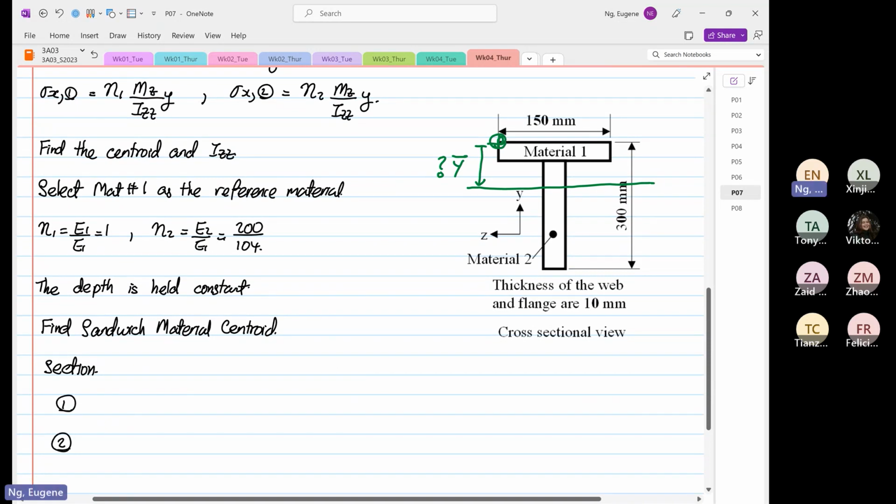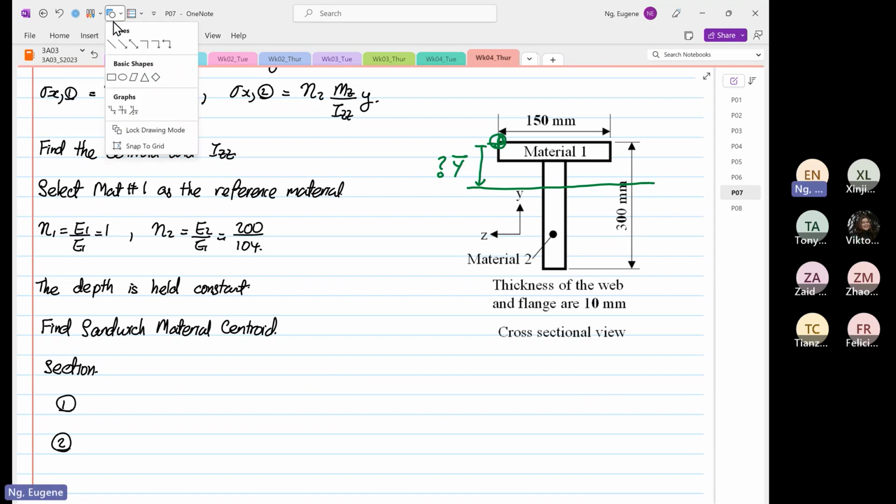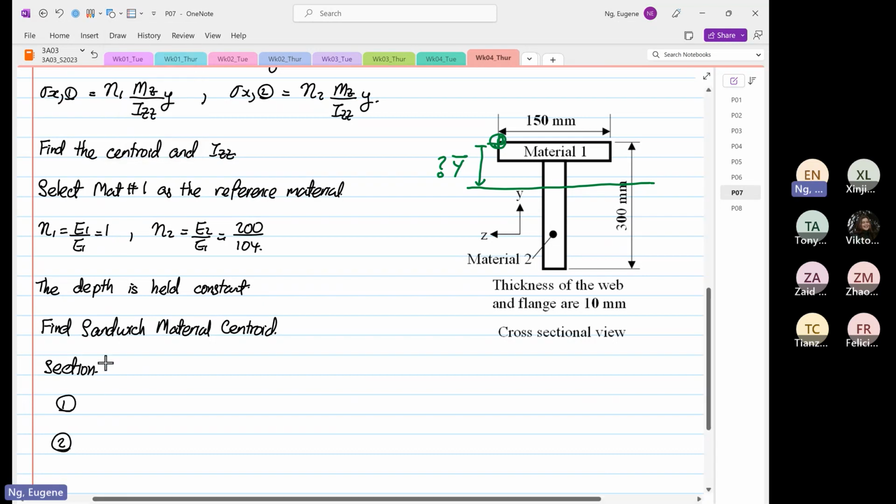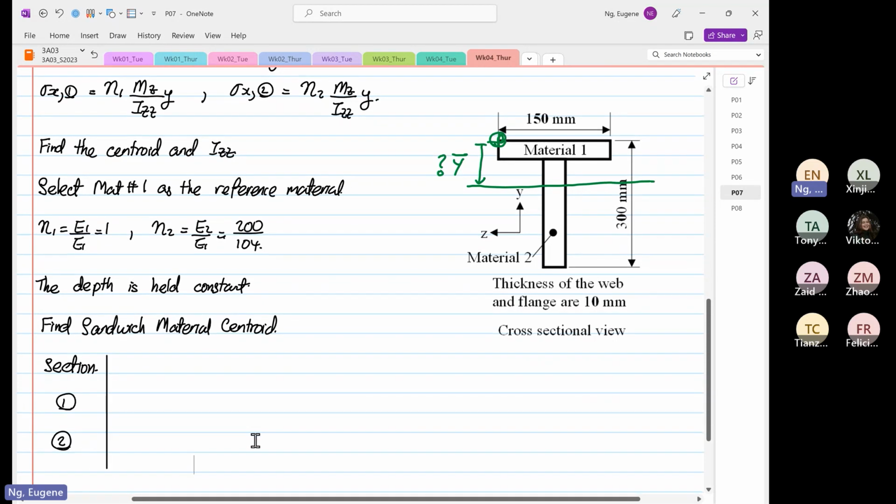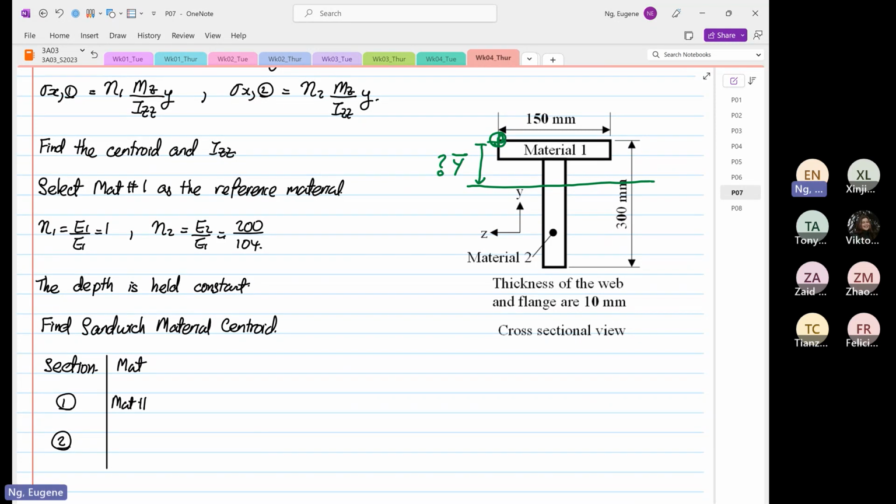But this table needs more information because it is a sandwich material, so the next column we are going to put is N, or materials. This has material number 1, this has material number 2.